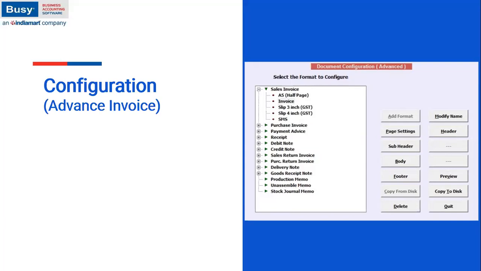That should be printed in the body section. And the footer section is the signature section. There you can print the signature of the company, bank details of the company, terms and conditions of the company, QR code, etc. So these three sections come in the advanced invoices.